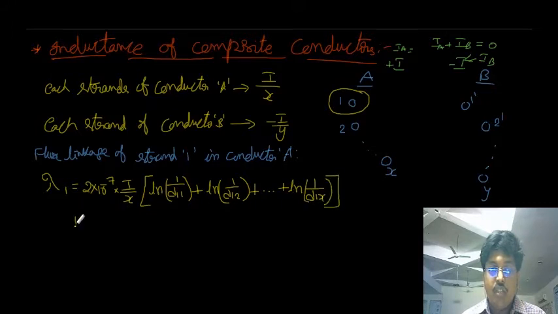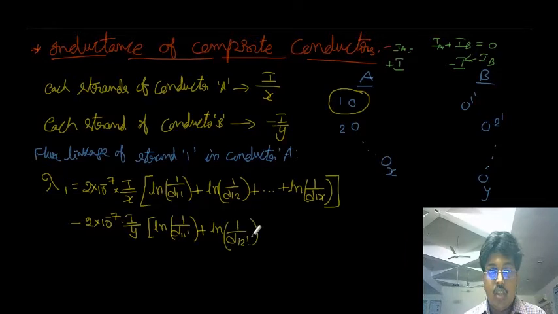Plus there is the flux linkage of conductor 1 due to the strands of conductor B also. All these strands of conductor B carry minus I by Y, so I have taken minus 2 into 10 power minus 7 into I by Y into logarithm of 1 by d11 dash plus logarithm of 1 by d12 dash plus so on, logarithm of 1 by d1y.